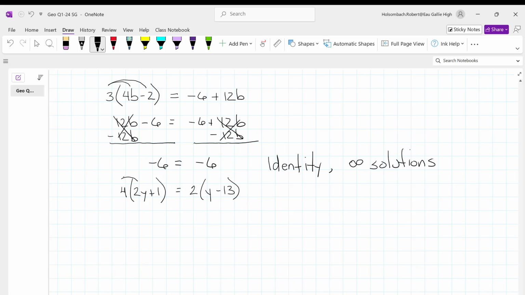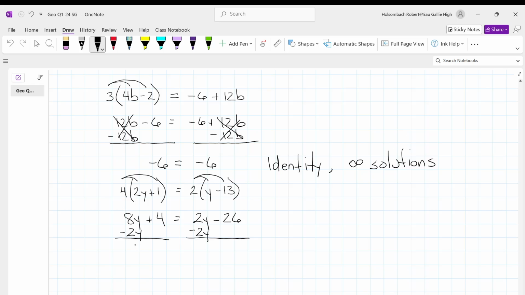So I'm going to distribute the 4 first. 4 times 2y is 8y plus 4 times 1 is 4. And then I'm going to distribute the 2 on the right-hand side. So 2 times y is 2y minus 2 times 13 is 26. So just keep solving it regular until you can't move any further.